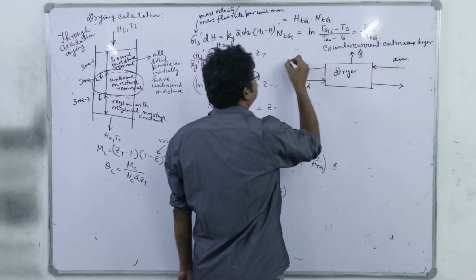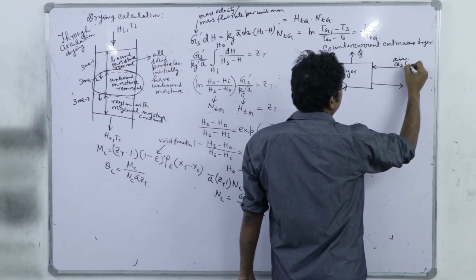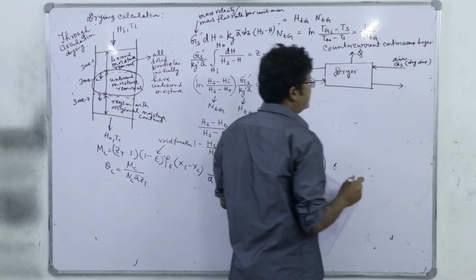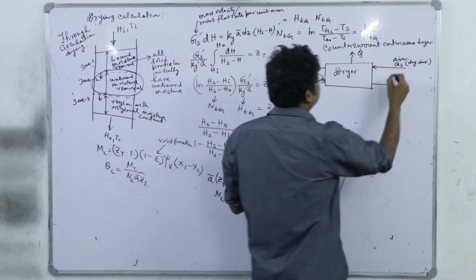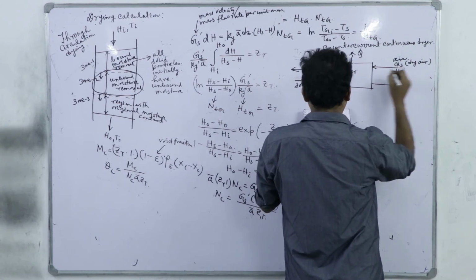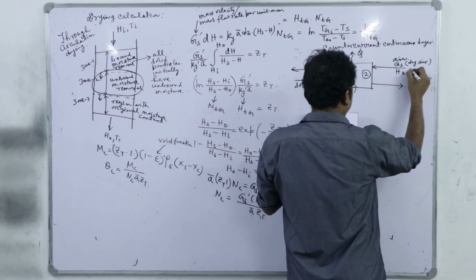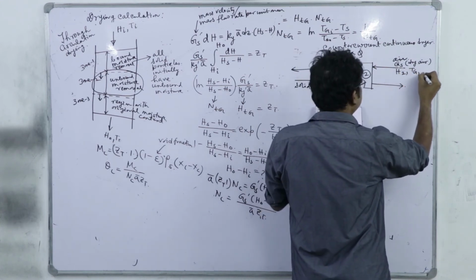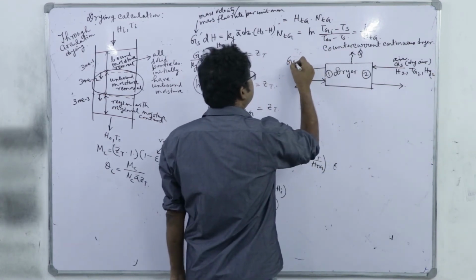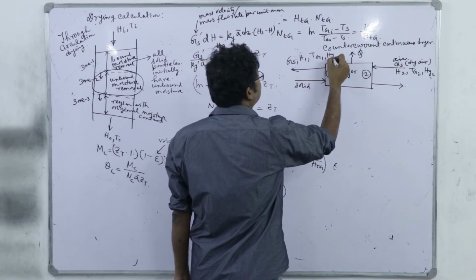Now here it has GS as the dry air flow rate, per unit hour. This side is say 2, this side is 1. So it is GS, H2, Tg2 and humid enthalpy Hy2. Here it will be GS, H1, Tg1 and Hy1.